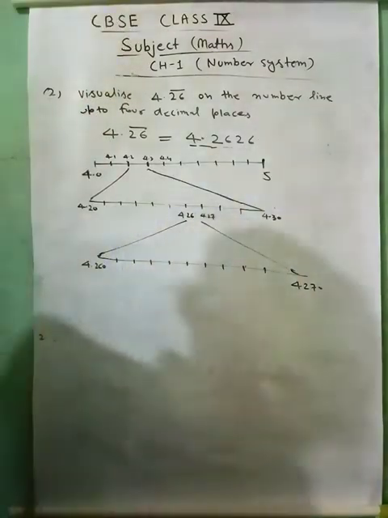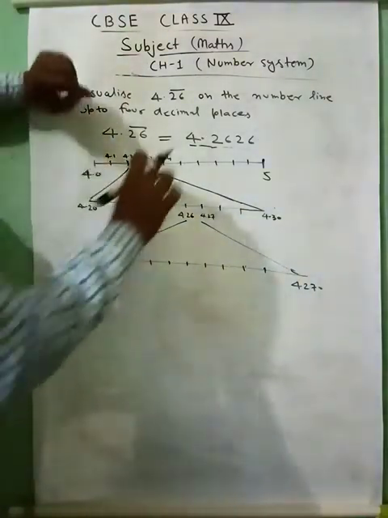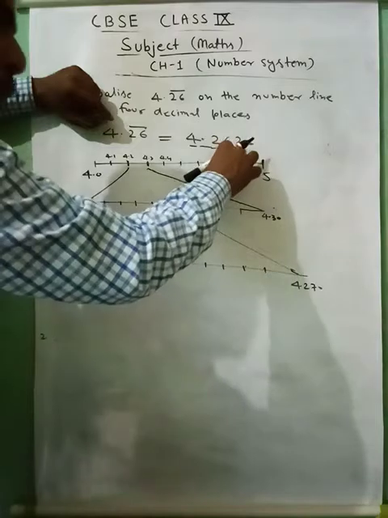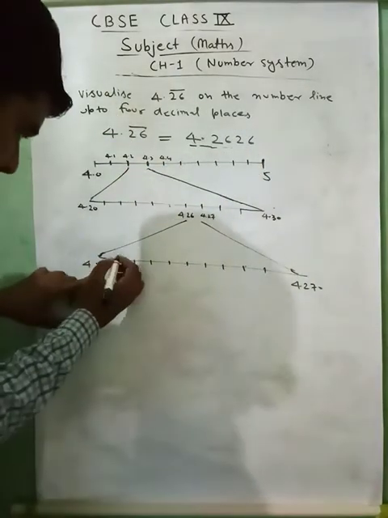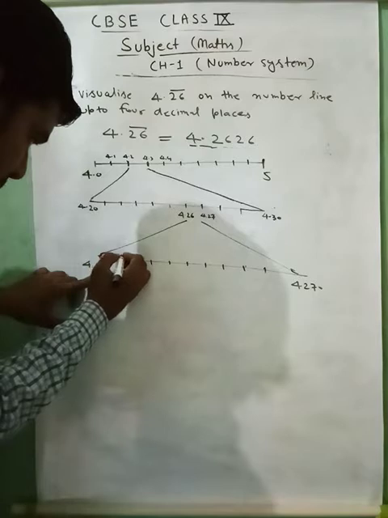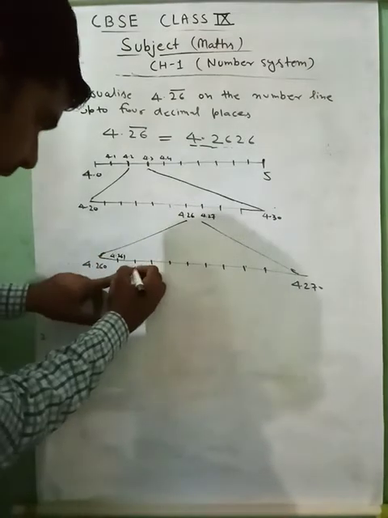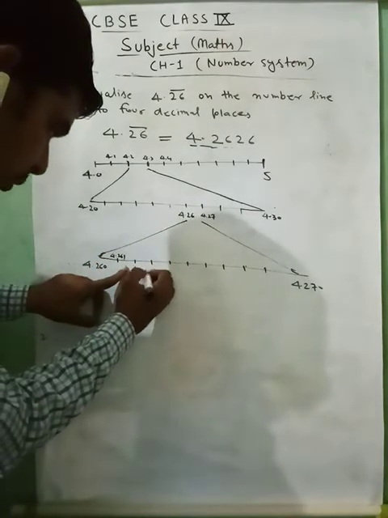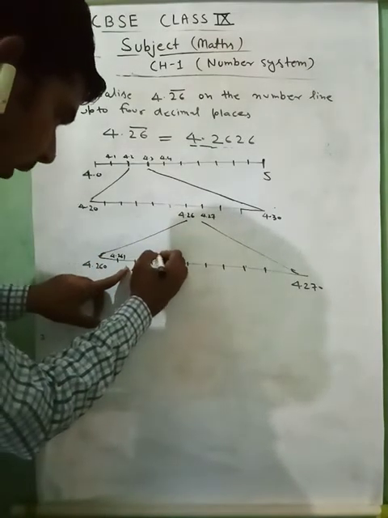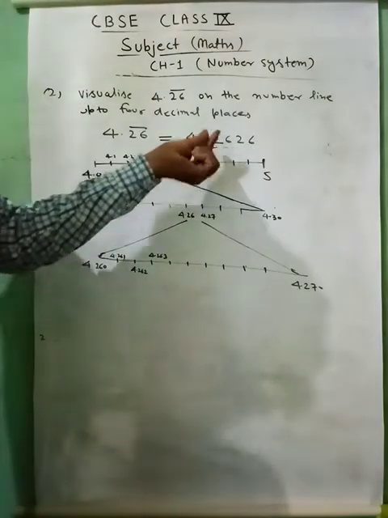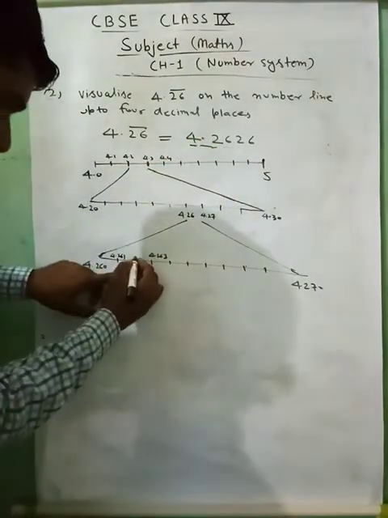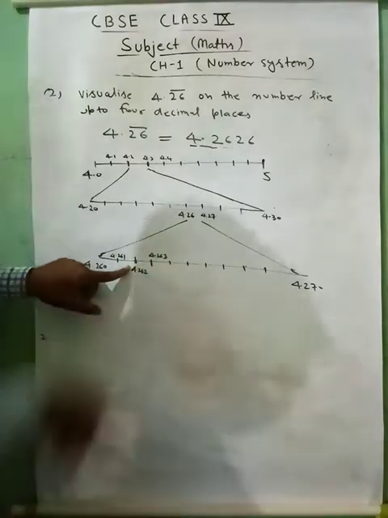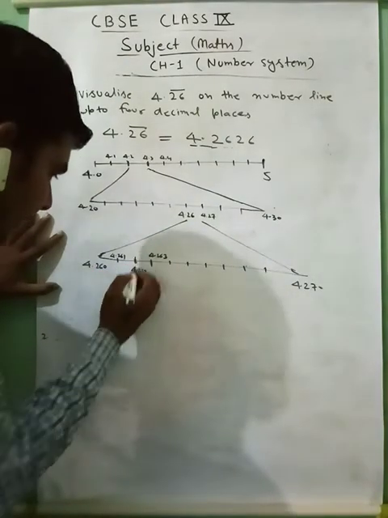Now see, it is 4.262. So it is 4.260. It means 4.261, 4.262, 4.263. And it is 4.262. So this distance and this distance again will be seen using a magnifying glass.